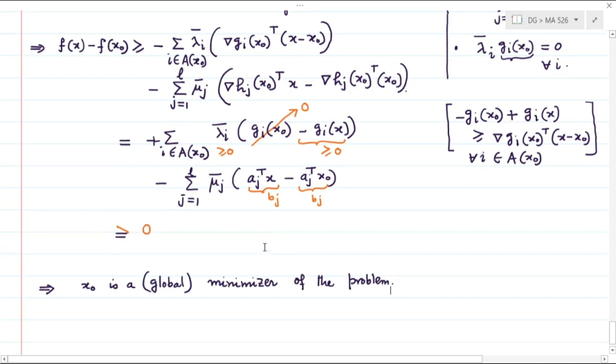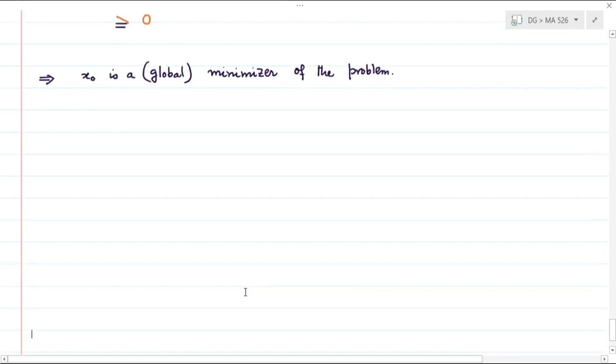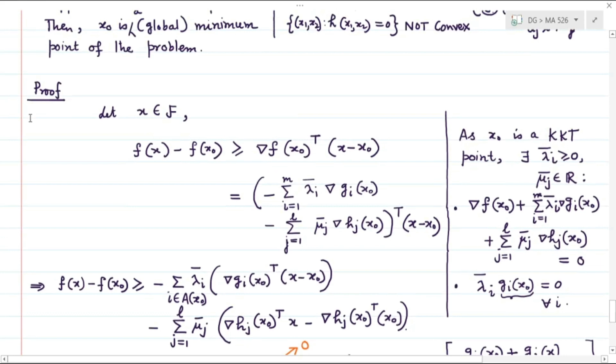Fine. Now let me conclude the class. Before concluding, let me mention a point which is a common source of error. What do we usually think? Usually convex optimization problems are very well behaved, in the sense that any stationary point is an optimum point, and any local optimum point is a global optimum point.